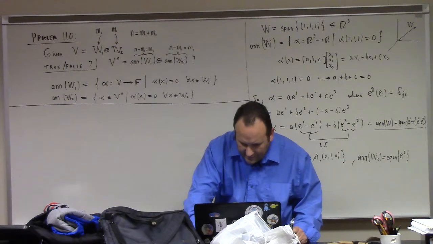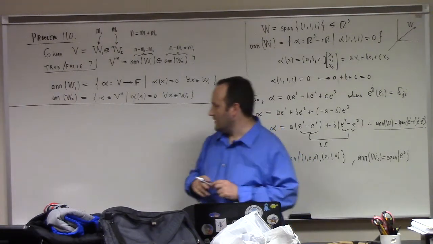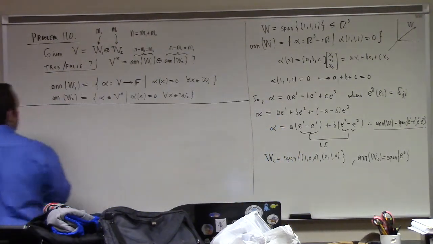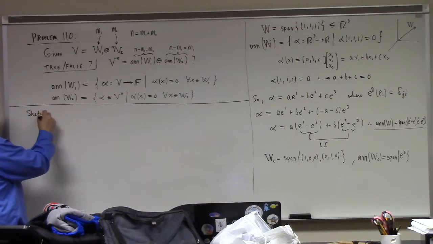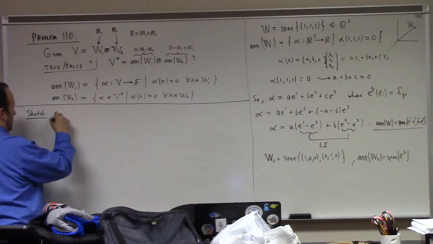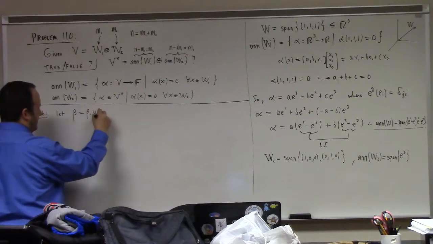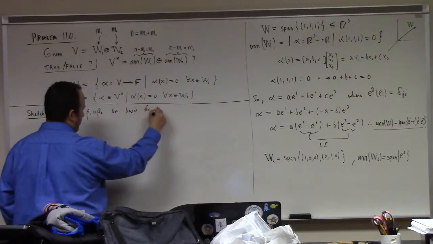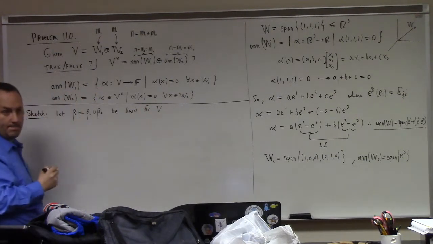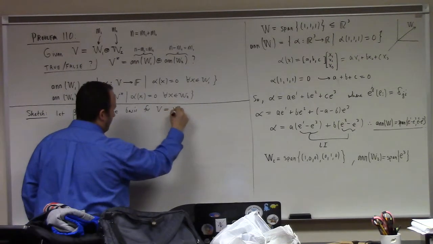Let me just take a glance at my solution, make sure I'm not missing something. Yeah, my solution is based on looking at a basis and following it through. So a sketch of the solution is this. Let beta equal beta 1 union beta 2 be a basis for V, equal to W1 direct sum W2, all right?